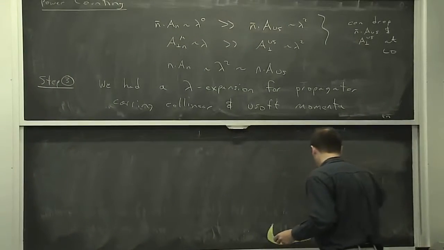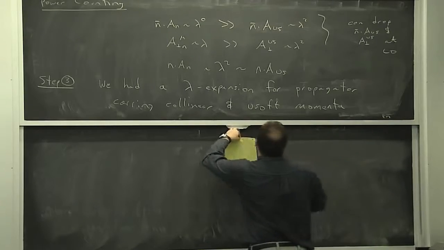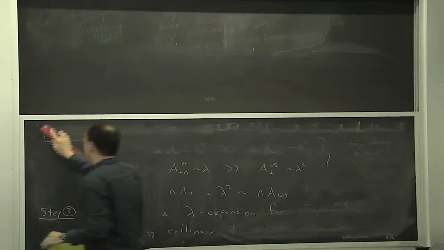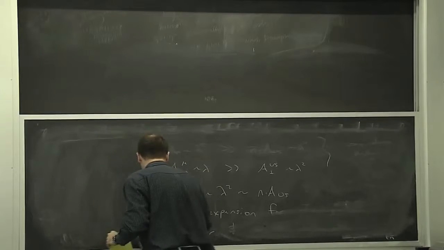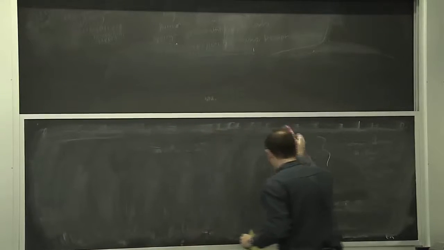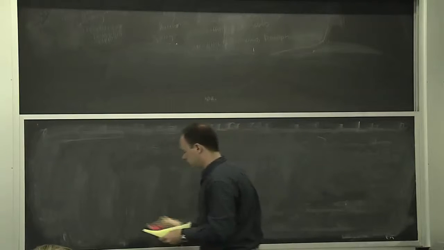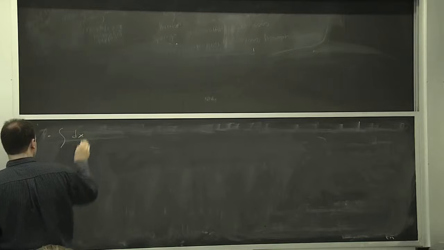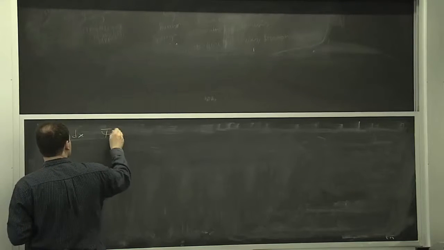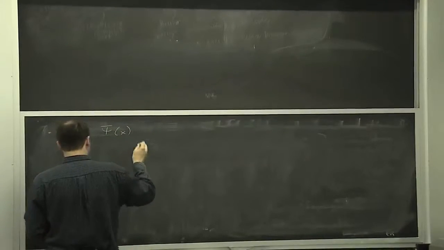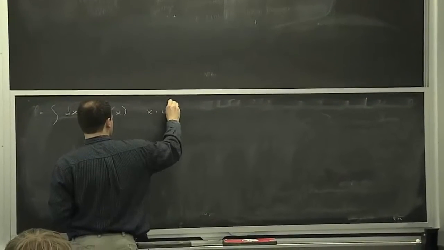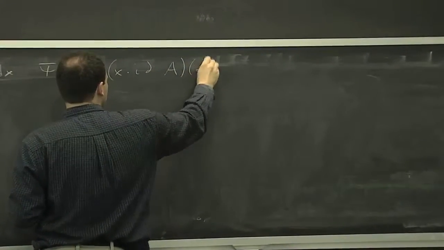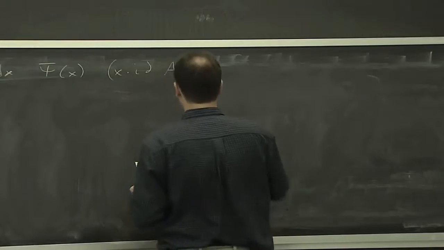So what would the next order term look like? Still here in one dimension, if you think about the expansion, the next order term would be a term like this, at x equals 0.